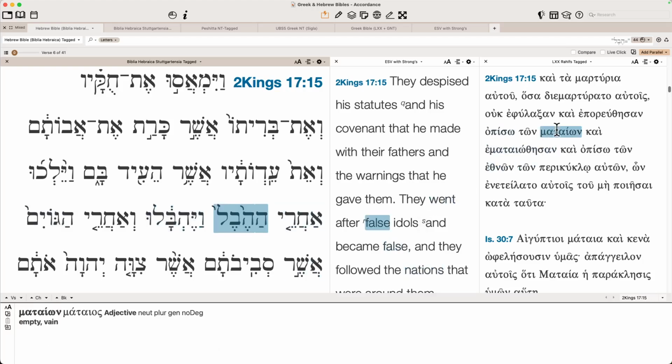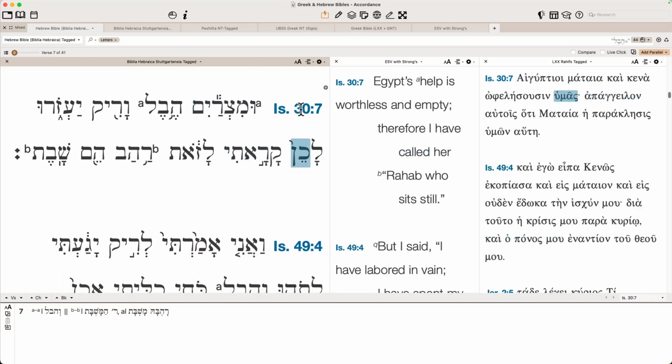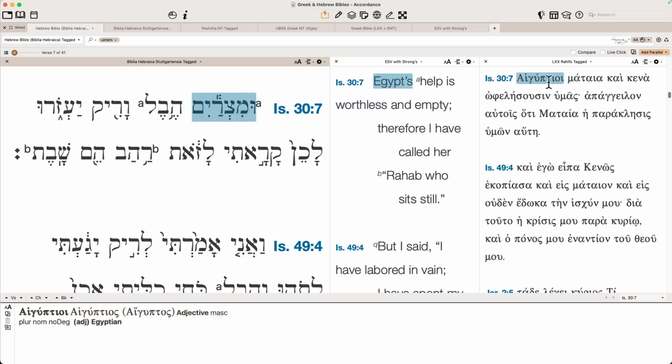And you can see in the Septuagint it's empty. Let's see, this is an adjective, so empty things. Isaiah 37, Egypt's help is worthless, and you can see again Septuagint.